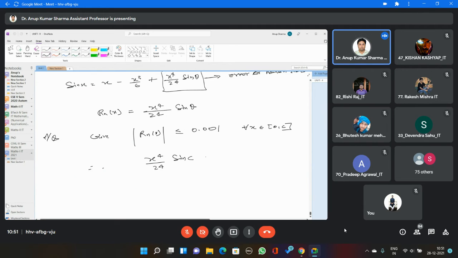C is the value we can consider. Okay, no issue. We can take theta first. Why are we writing this theta? Modulus less than or equal to 0.01. And we know that this theta lies between x and 0.